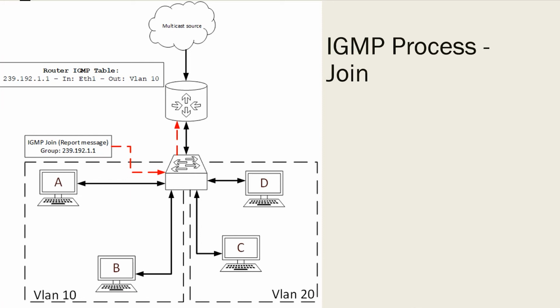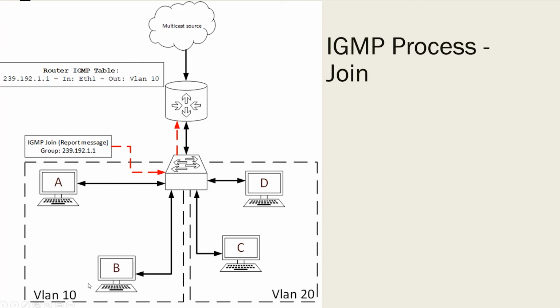Anyway, this IGMP join is sent towards its local default gateway, and the router takes that state and stores it. Yet again, ignore this in field here. That does not exist in an IGMP table. We have the multicast address against an output interface that has just requested.